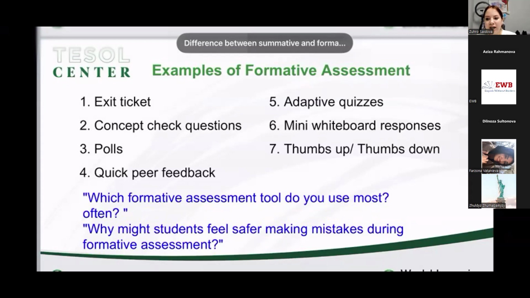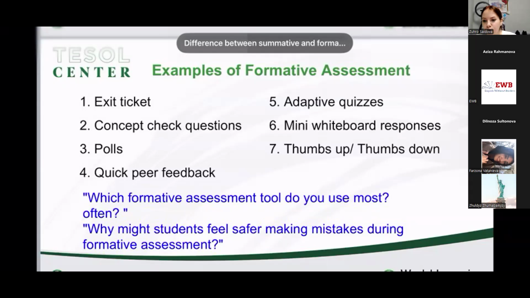Dilnoza uses mini whiteboard responses. Dilnoza, if you could explain how specifically you use the mini whiteboard responses, that would be nice. Shahlo says 2-3. I'm not sure if I understand what is 2-3.